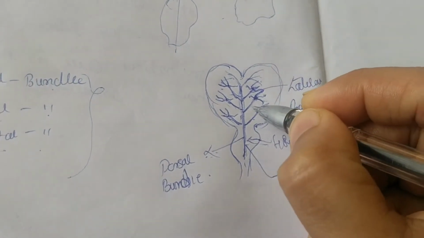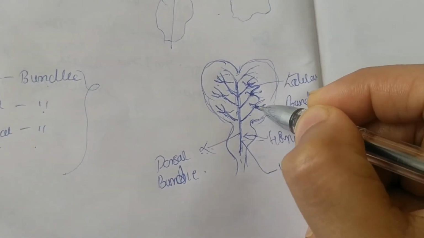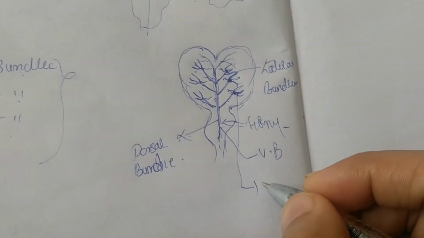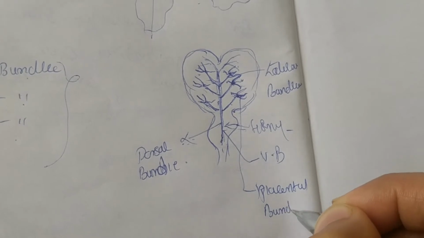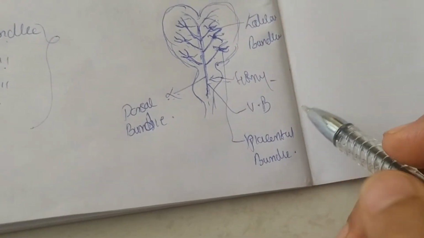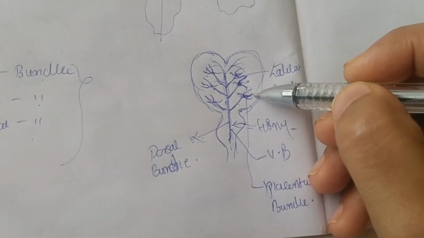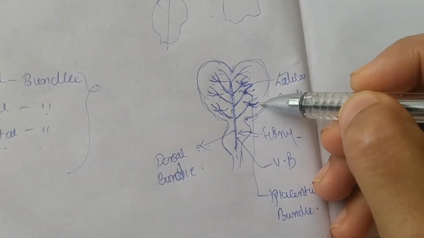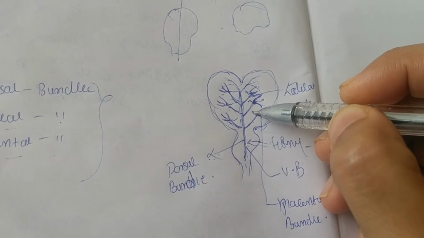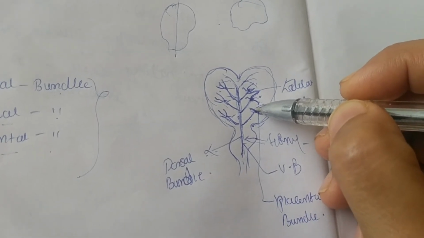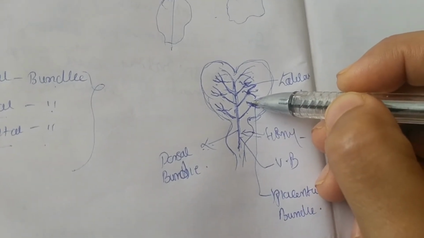These two thread-like structures, can you make them out here? These are nothing but placental bundles. Of these placental bundles, one goes to the dorsal side. We are going to call it the dorsal placental bundle. Another one reaches the ventral side, so we are going to call it the ventral placental bundle.